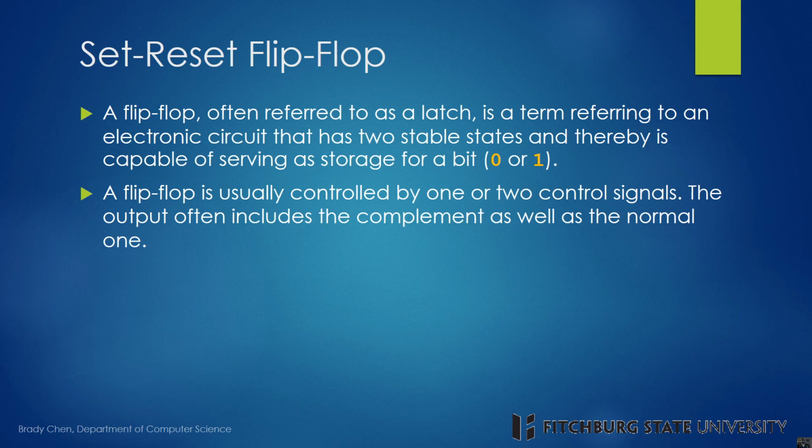A typical flip-flop is usually controlled by 1 or 2 control signals, and normally we have 2 outputs, which include the complement as well as the normal one. So if one output gives you 1, the other gives you 0, or vice versa.